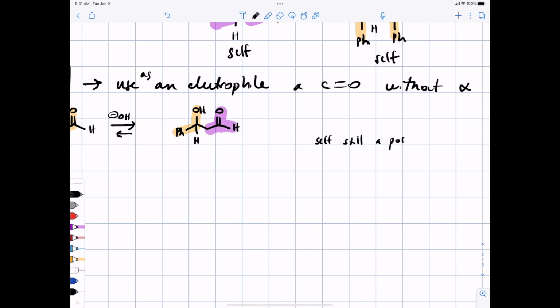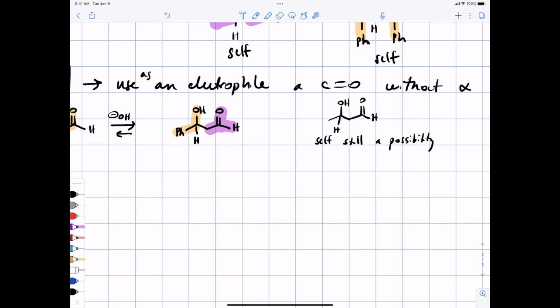Self still a possibility. And you would just have to hope and maybe pray that the desired crossed aldol product was more stable than the self-aldol product.